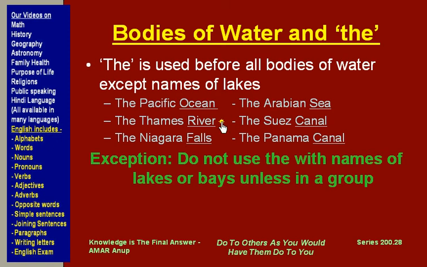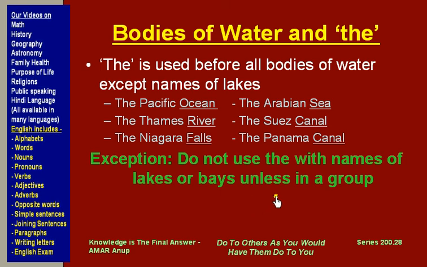The Thames River is in London. The Suez Canal is in Egypt. Niagara Falls is in America, and the Panama Canal is in Panama, in South America, which is the continent. So we use "the" with names of bodies of water, all of them except the names of lakes or bays.